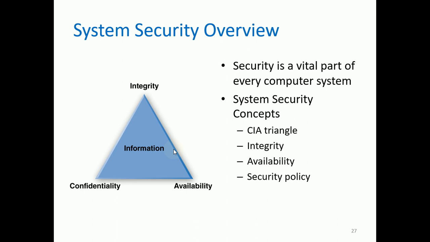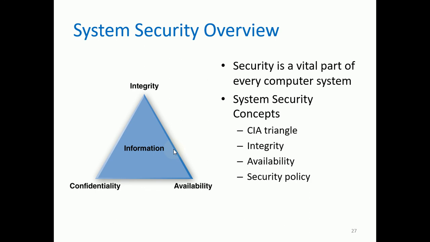Okay, next we have system security. For its overview, security is a vital part of every computer system. The system security concept is the CIA triangle. CIA stands for C for confidentiality, I for integrity, and A for availability.